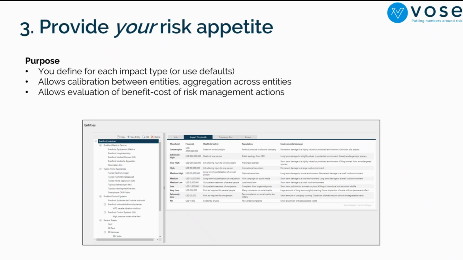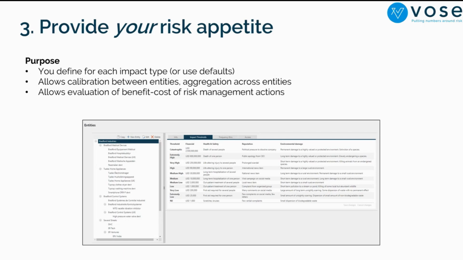Calculating impact scores enables you, first of all, to compare the risks of different types between each other, so that you can compare the financial risks and health and safety risks and reputational risks in one table. If we calculate scores for each risk, then you can compare apples and apples.